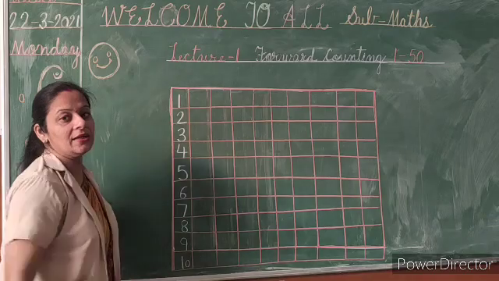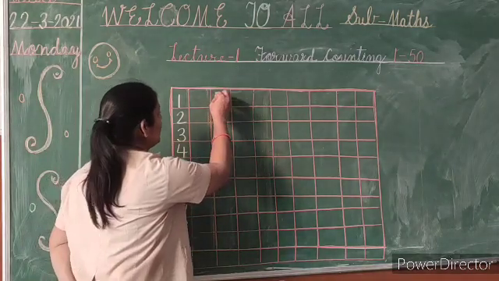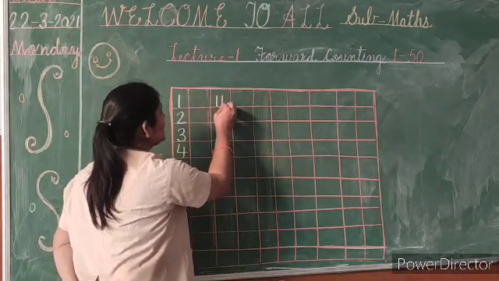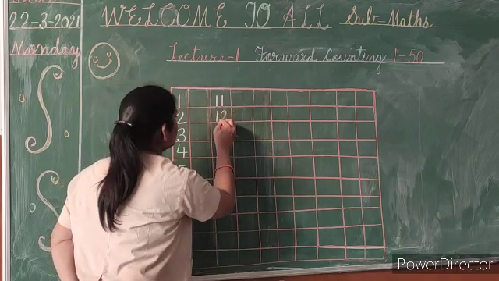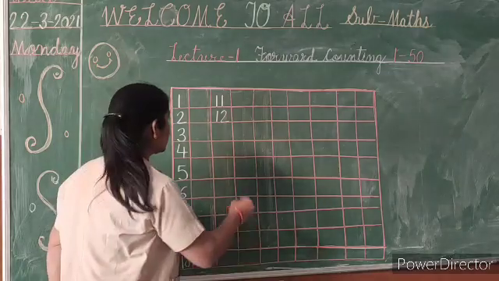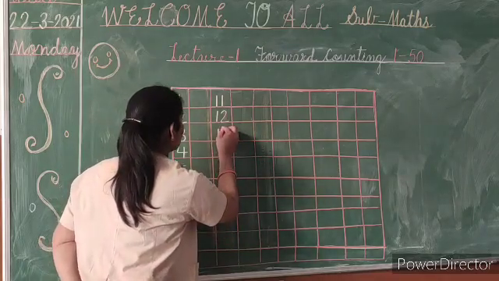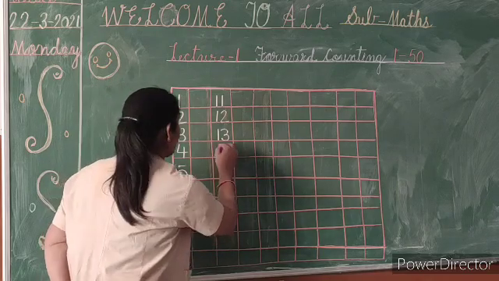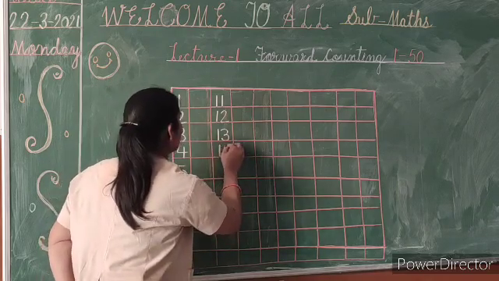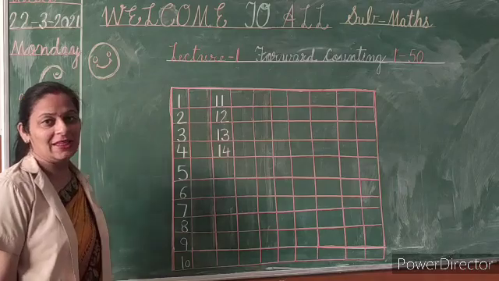What will come here? 1, 1, 11. Very good. Then after 1, 2, 12. Then after what will come? 1, 3, 13. Very good. Then 1, 4, 14. Yes.